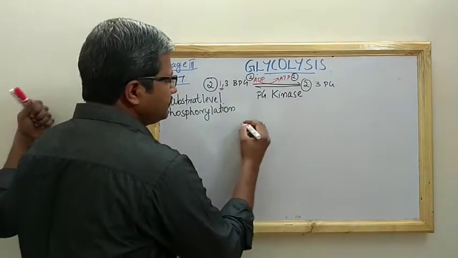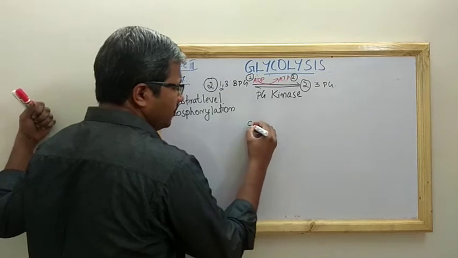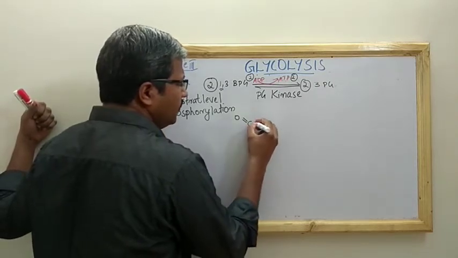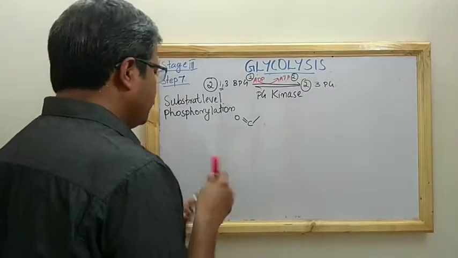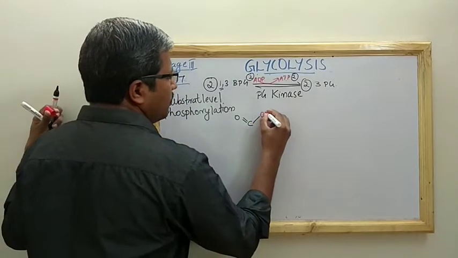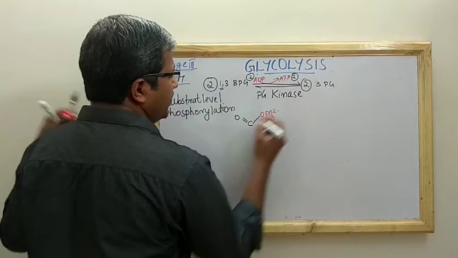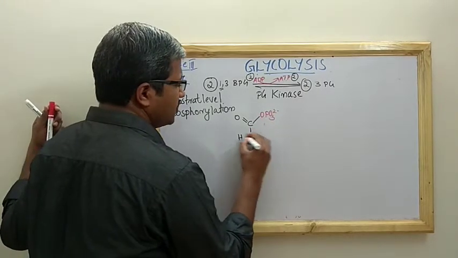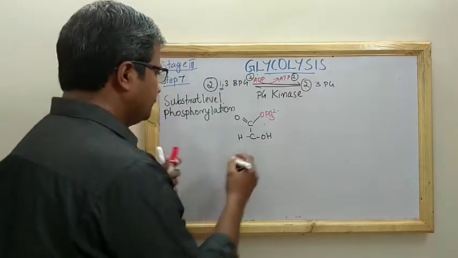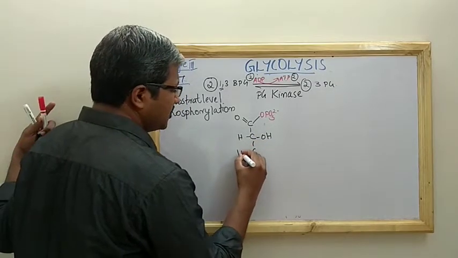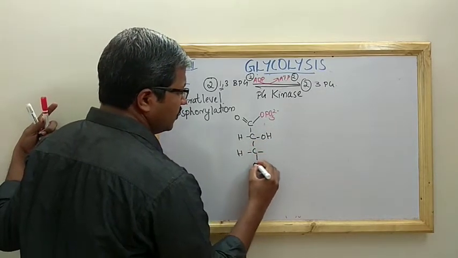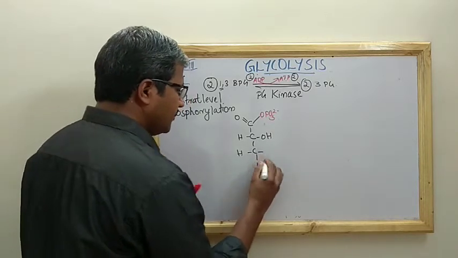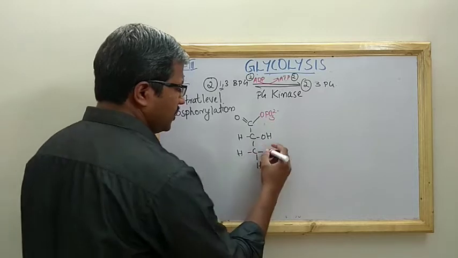So we have 1,3-bisphosphoglycerate. C double bond O, OPO3 2 minus, then CHOH, and CHOH, CH2 and OPO3 2 minus.